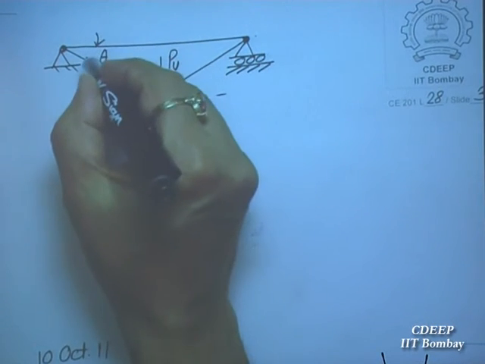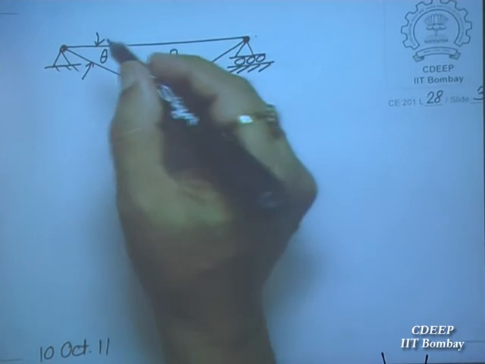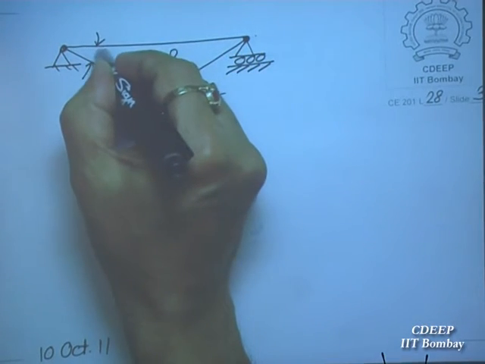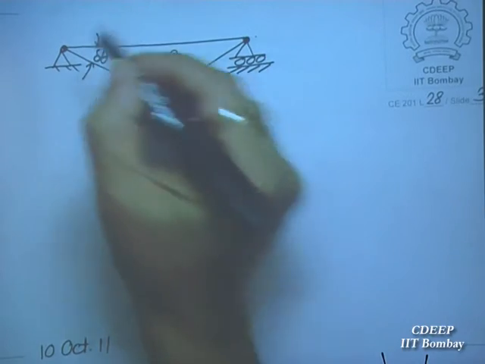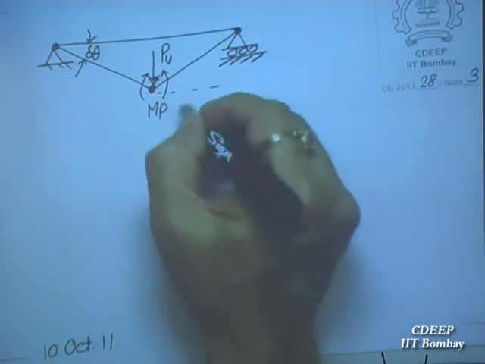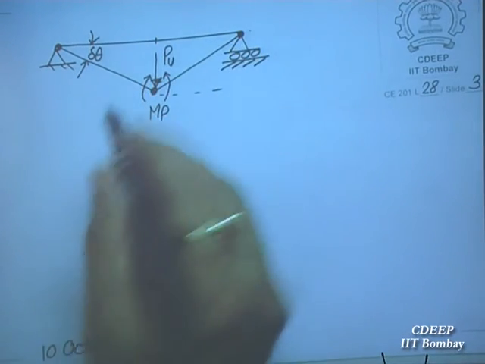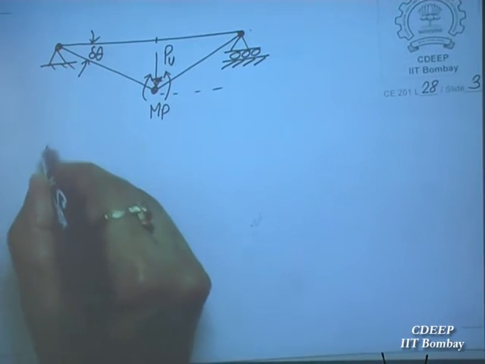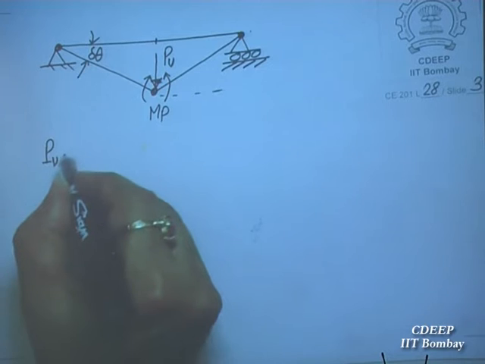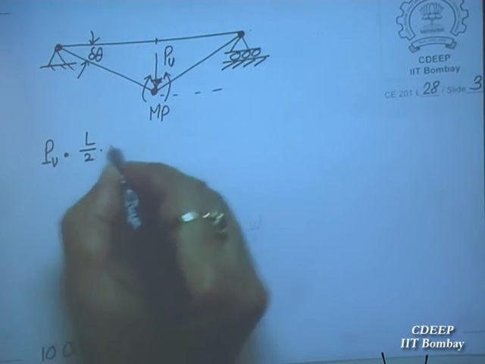Of course, everything is small, so don't think that this theta is a real theta. It is a delta theta. This is displacement. So I will say the work done by PU is L by 2 into delta theta.